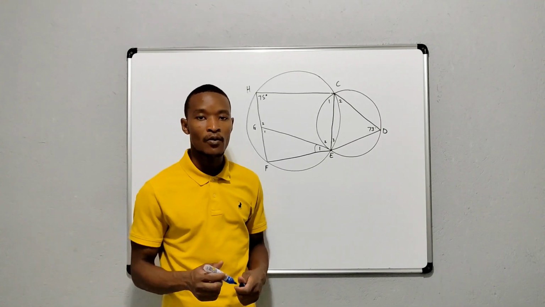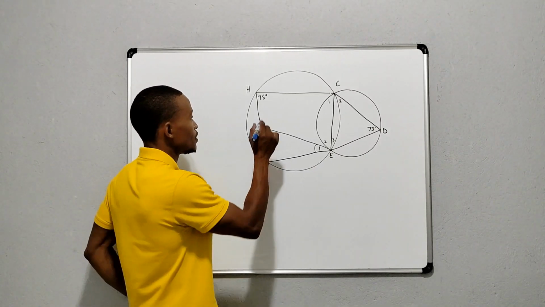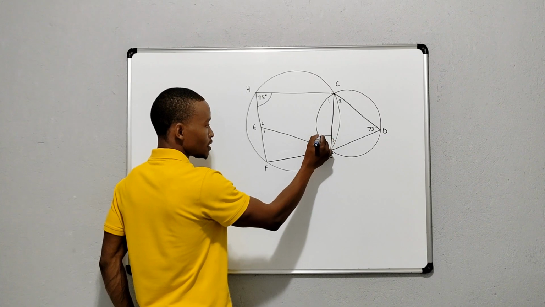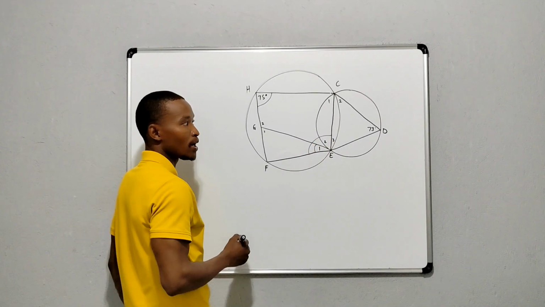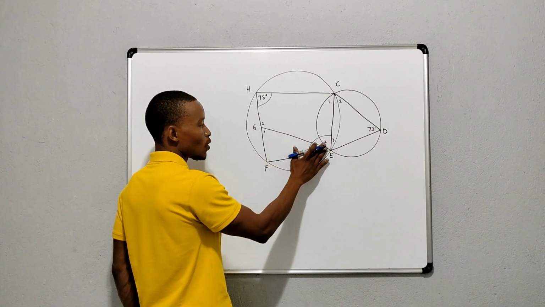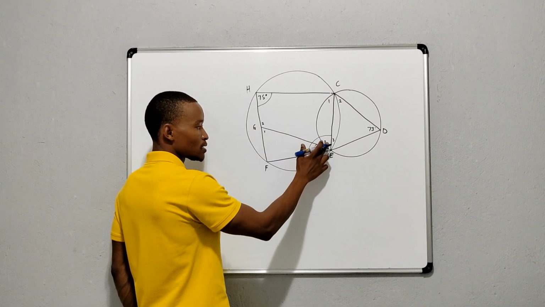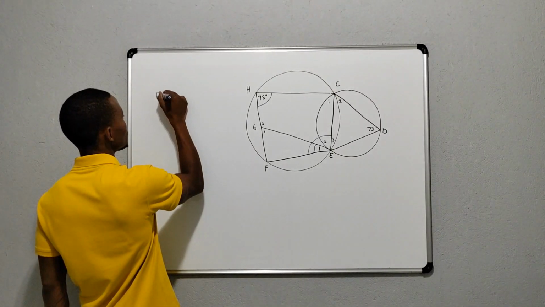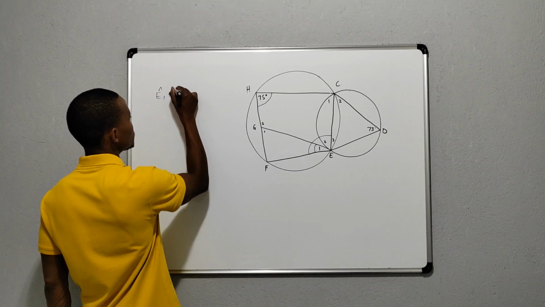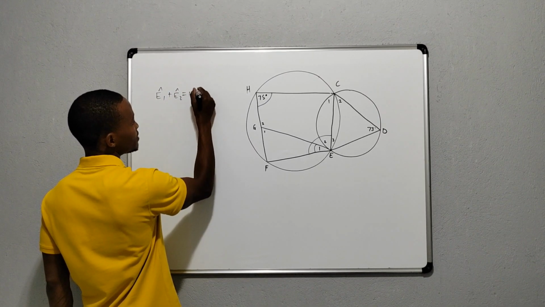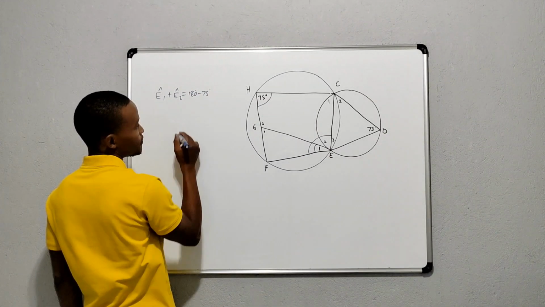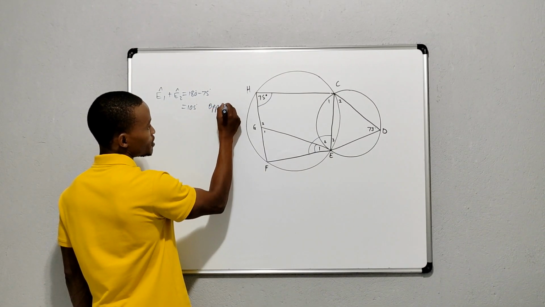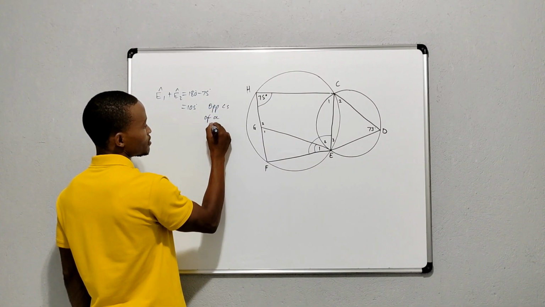Following up from our proof of the theorem, if that is 75 degrees, we know that opposite angles of a cyclic quad are supplementary. So 75 plus what here, which is E1 plus E2, it's a split angle there. E1 plus E2 will be equal to 180 degrees minus 75, which is 105 degrees. These are opposite angles of a cyclic quad.